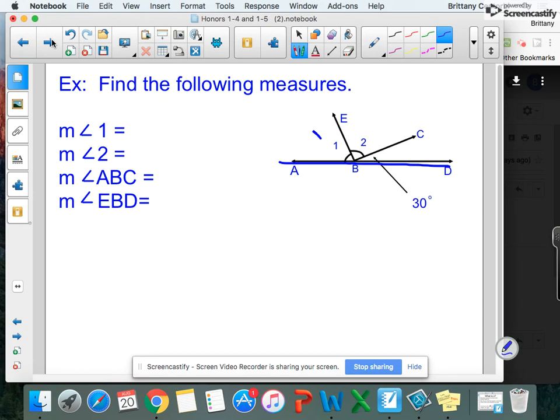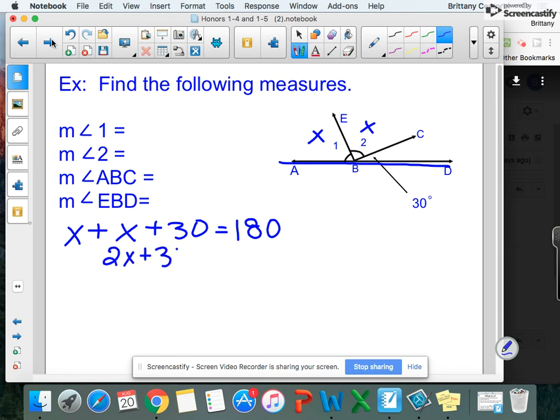So since they're the same, I'm going to put x's in both of them, since I know they both have to be x. And then we're going to add what we have to equal 180. So we're going to start with angle 1, which is x, plus angle 2, which is also x, plus 30 equals 180. Then from there, we're going to combine like terms, so we get 2x plus 30 equals 180.